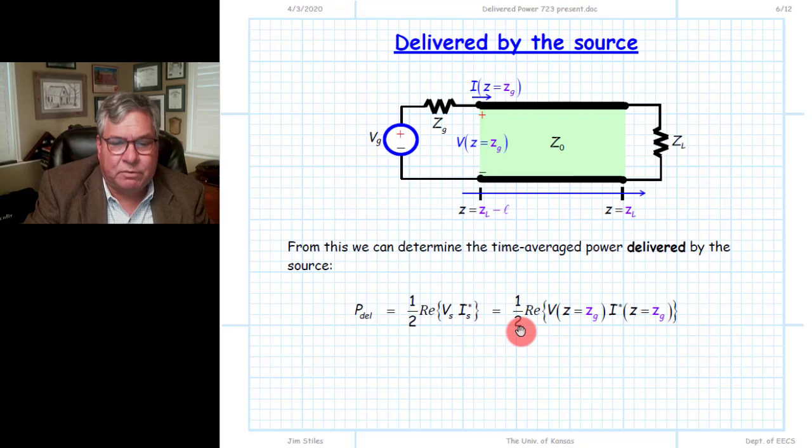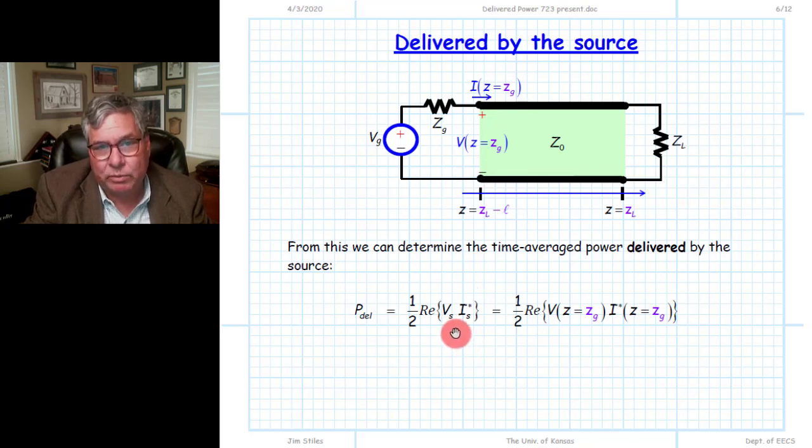So just as we did for the power absorbed by the load, we can use this relationship to determine the power now delivered by the source. This provides the rate of energy flow at a given location in the direction in which the current is defined as being positive. So we define the positive current as flowing from left to right, and therefore this number will provide us the rate at which energy flows from left to right.